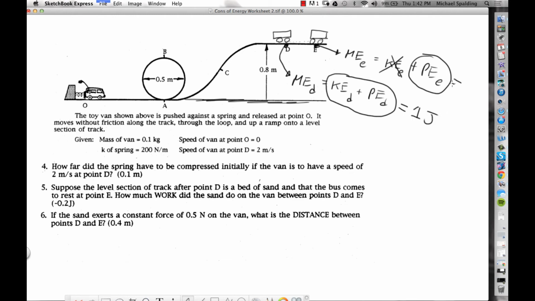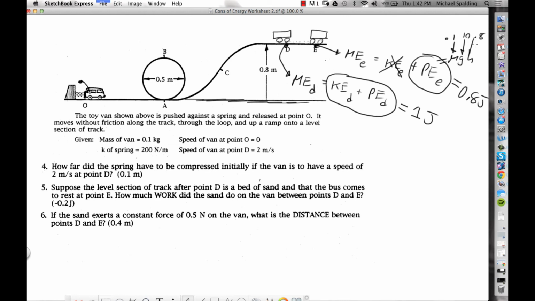Now look, what's the potential at point E? The potential at point E comes out to be 0.8. How would you calculate that? You're going to go mgh. M is 0.1, g is 10, h is 0.8. So that comes out to be 0.8.